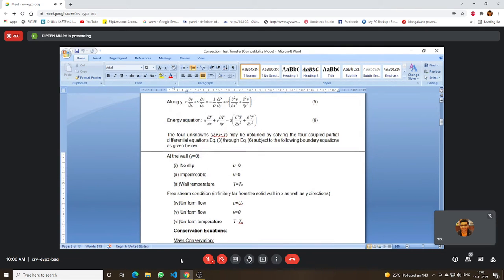In the free stream, that is outside the boundary layer, we have a uniform flow given by U equal to U infinity, and the vertical component of velocity V is absent because it is a parallel flow moving along x, and the temperature is uniform all through, given by T equal to T infinity.